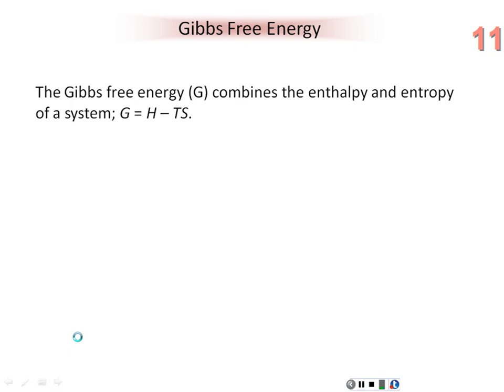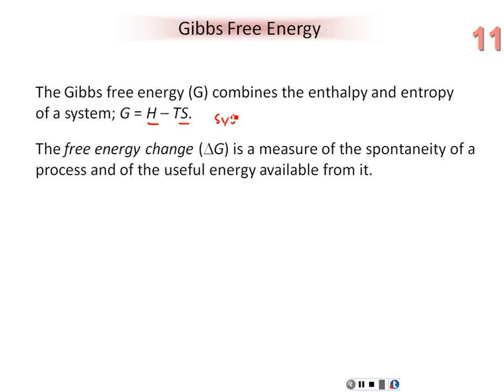So the Gibbs free energy combines enthalpy and entropy for a system. So the Gibbs free energy is really a measure of the entropy of the universe, but we have a relationship that's in terms of enthalpy and entropy of the system. And it's a measure of the spontaneity of a process, as well as the useful energy available from that process.